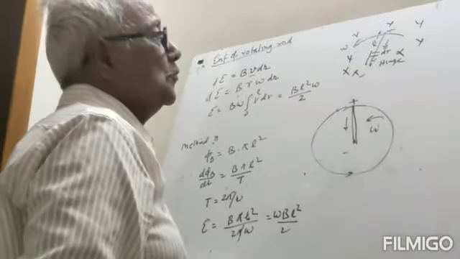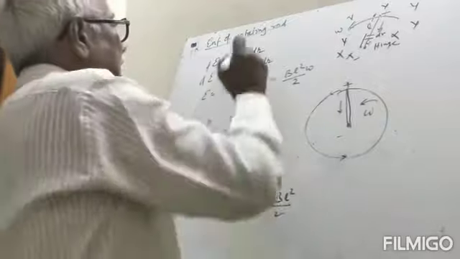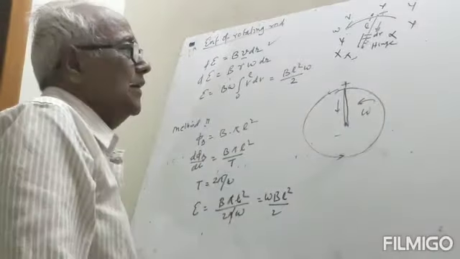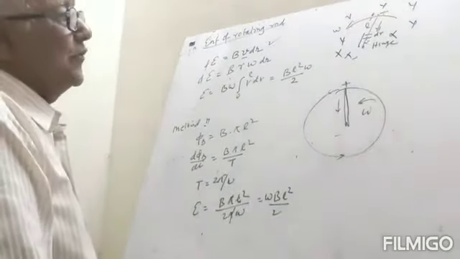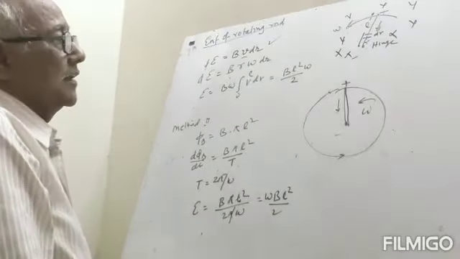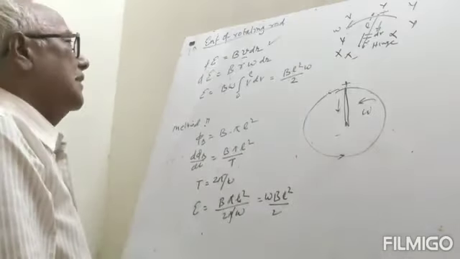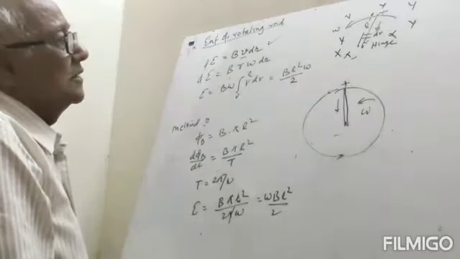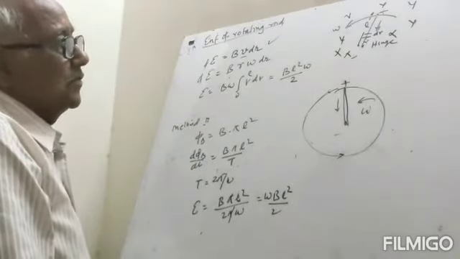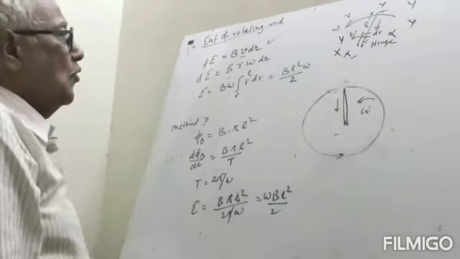Then what would be the EMF across this element? EMF is equal to BVL. So here what will it be? It will be equal to BV into dr. So the small EMF between the ends of dr length of this rod will be equal to BV dr. Now we know that from circular motion the velocity of this particle V will be equal to r into omega.